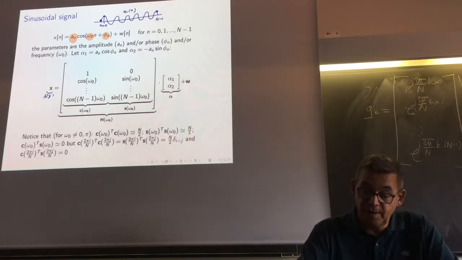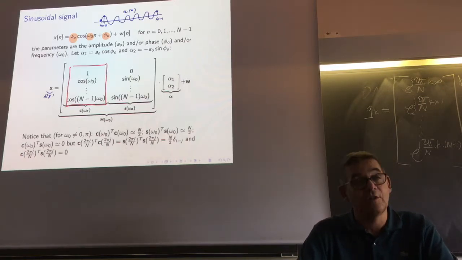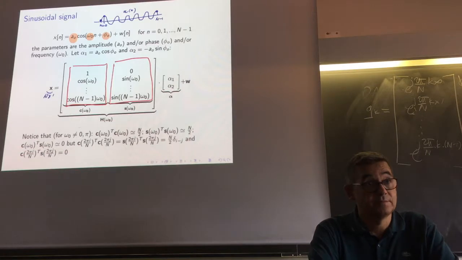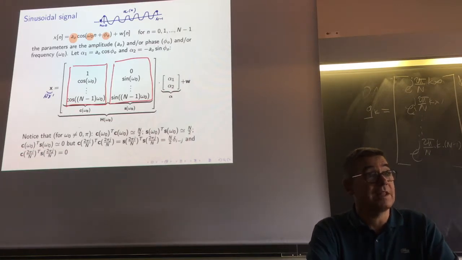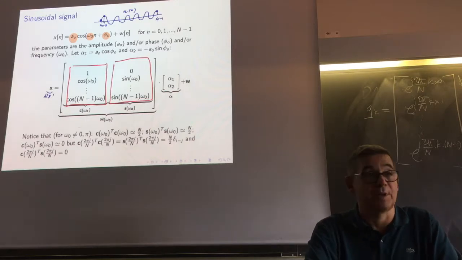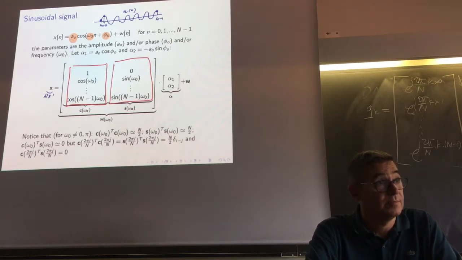Now, if I look at this vector now, this is a vector of cosine. And this one is a vector of sine. So that one is a vector of cosine omega 0. That one is a vector of sine omega 0. Okay?